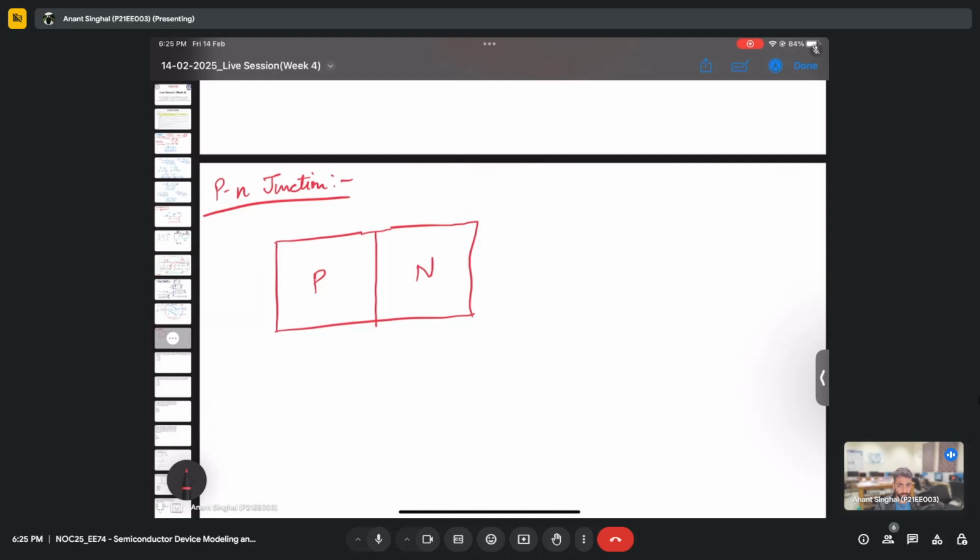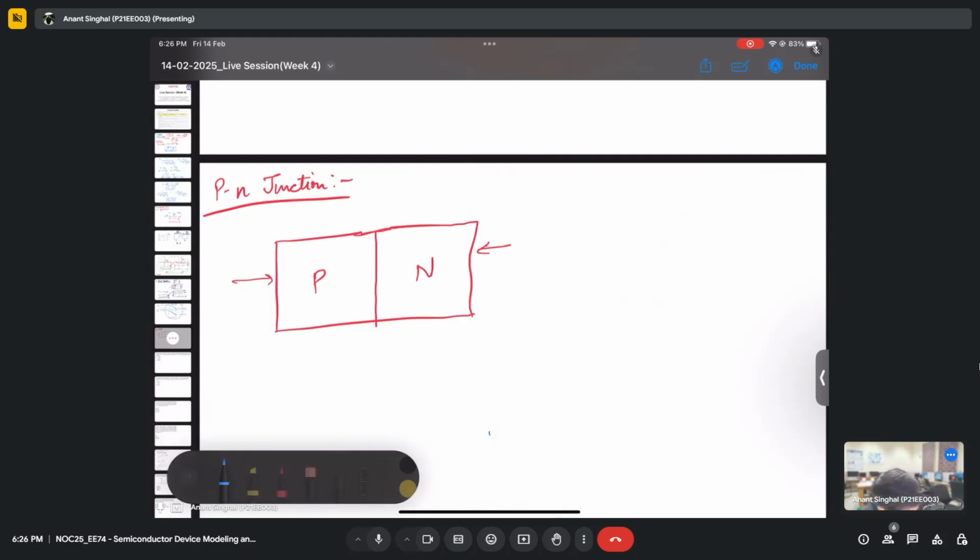Please try to understand that there is a single silicon bar, doped with a hole concentration on the left side and with an electron concentration on the n side. I'm not applying any bias currently, so we'll understand what will happen and how it works.